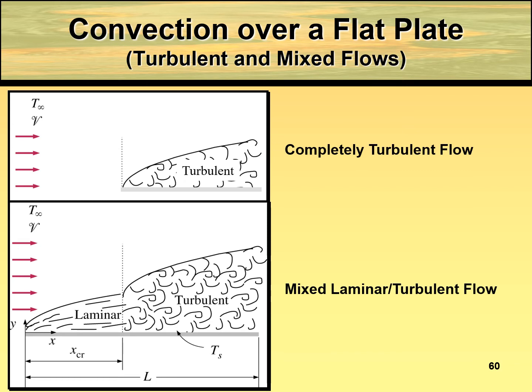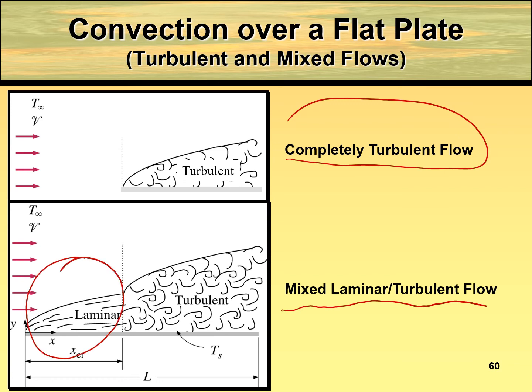The first is flow that is completely in the turbulent flow region, and the second is a mixed laminar and turbulent flow, where in the first section you have laminar flow growth, and then in the second section you have a turbulent flow section.